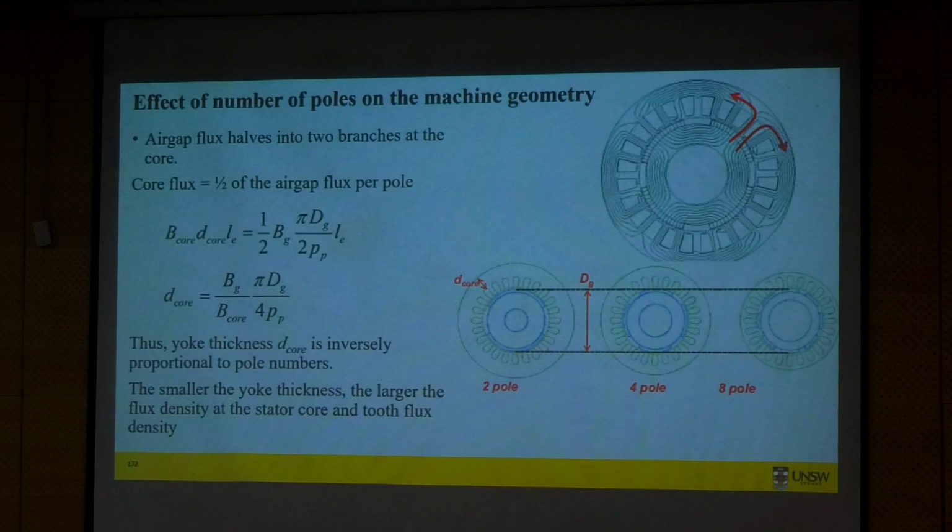Now, it can be seen that if you have larger pole numbers for the same motor, you can reduce the size, but at the same time, the yoke width, the width from the outer diameter to the top of the slots, becomes thinner and thinner.